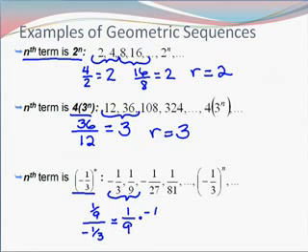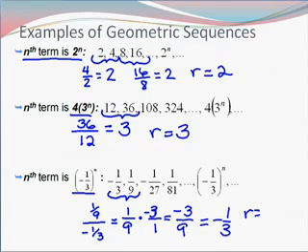So 1/9 times, sorry, negative 3 over 1, gotta do the reciprocal. It's going to give us negative 3 over 9, which is negative 1/3. So r, your common ratio, is negative 1/3.